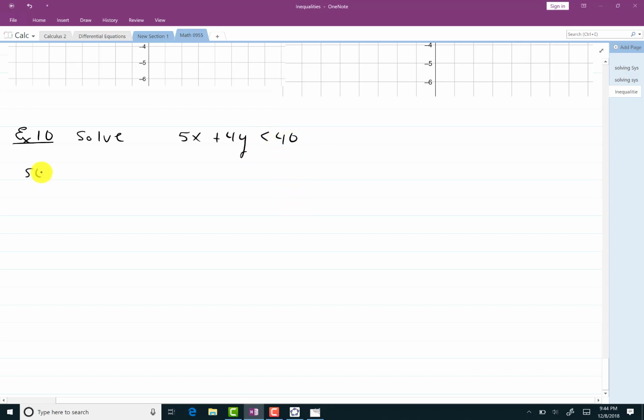Step 1, we graph the line itself. Get y by itself. 4y equals negative 5x plus 20. Divide by 4, and we get y equals negative 5/4 x plus 5. So my y-intercept is 0, 5, and my slope is negative 5/4.